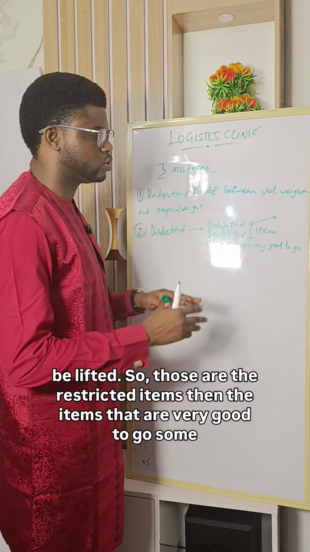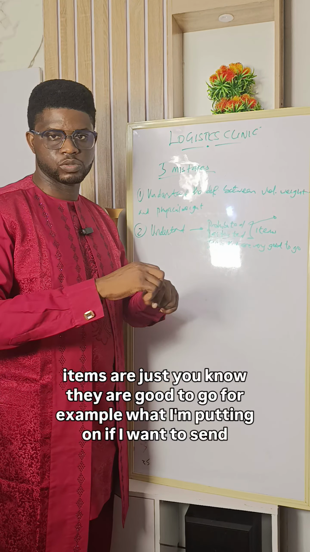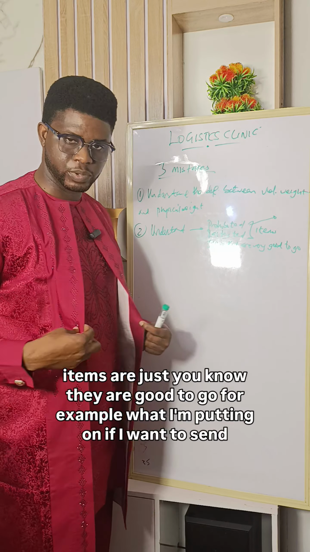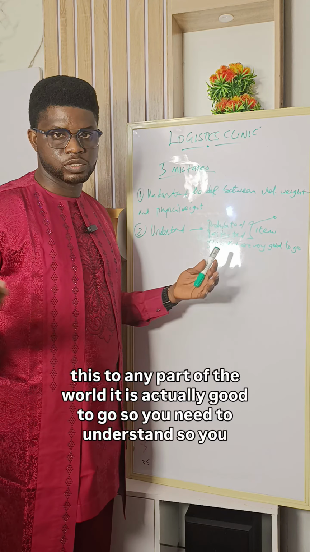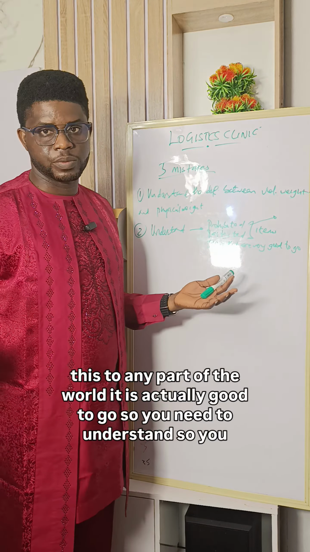Then the items that are very good to go, some items are just good to go. For example, what I'm putting on, if I want to send this to any part of the world, it is actually good to go. So you need to understand. Understanding this will place you in a better way to be able to advise your customer on what to do and what not to do.